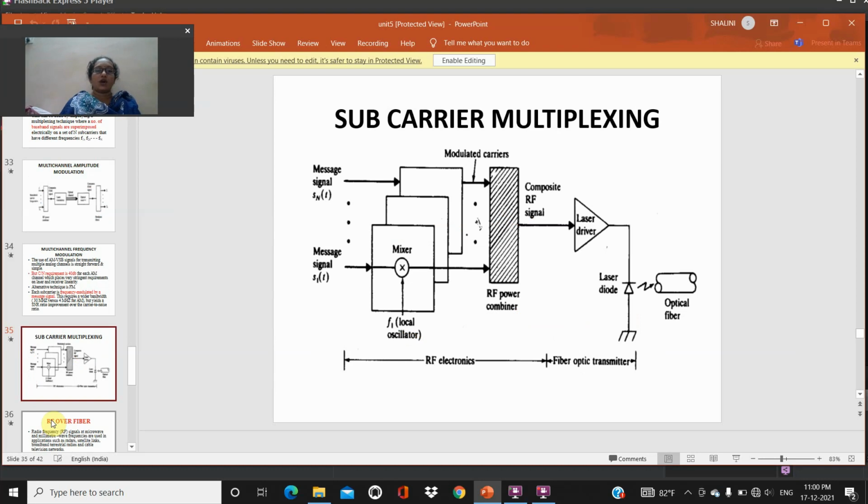It produces the composite RF signal, which is sent to the laser driver and the laser diode, with the optical fiber. Here both the fiber optic transmitter and RF electronics will be present, along with the modulating carriers, composite RF signal, and local oscillator.